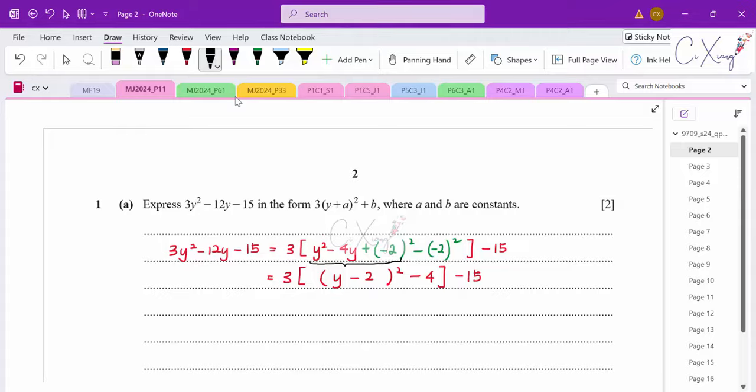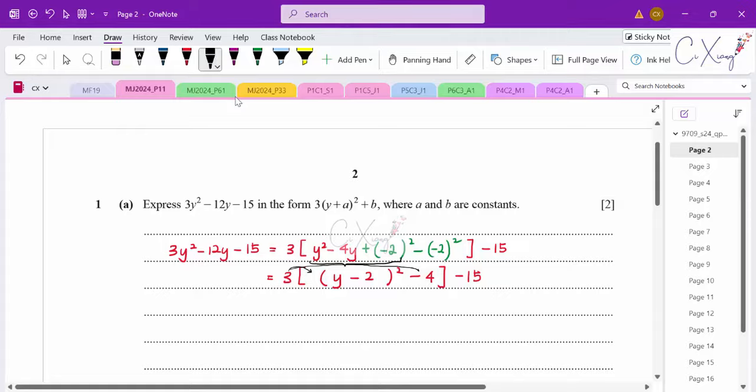Next, I have to multiply the 3 into both terms in the big bracket. So what do I have? I have 3 times y minus 2 squared, 4 times 3 is negative 12, then minus 15, and you end up with this as your answer. This is how we complete the square in a quadratic expression.